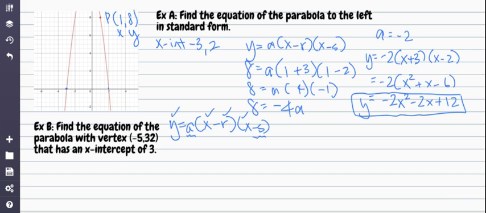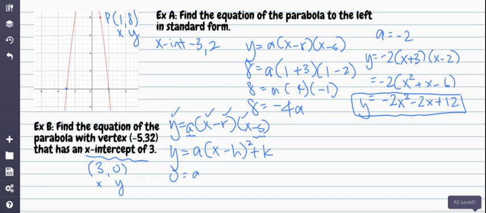So I am going to have to use vertex form, y equals a(x - h) squared plus k. And I'm going to use my x-intercept because I know that x-intercept happens when y is 0, so that's going to be the point (3, 0), right? So this is my x and this is my y. So 0 equals a times (3 + 5), because -5, right?